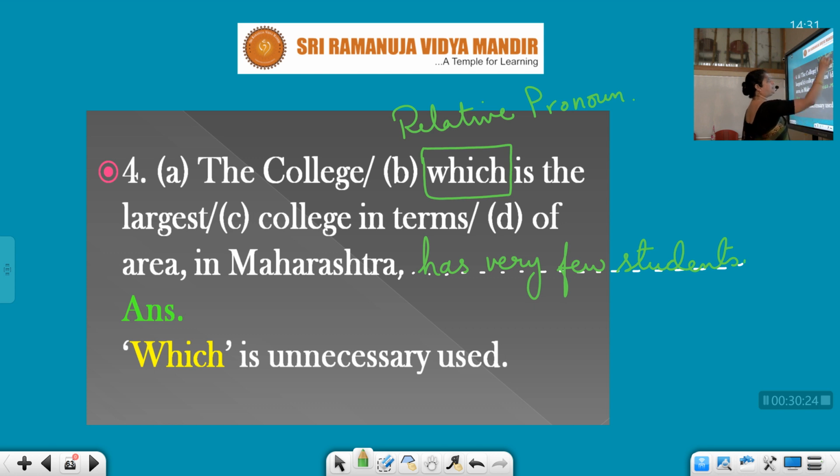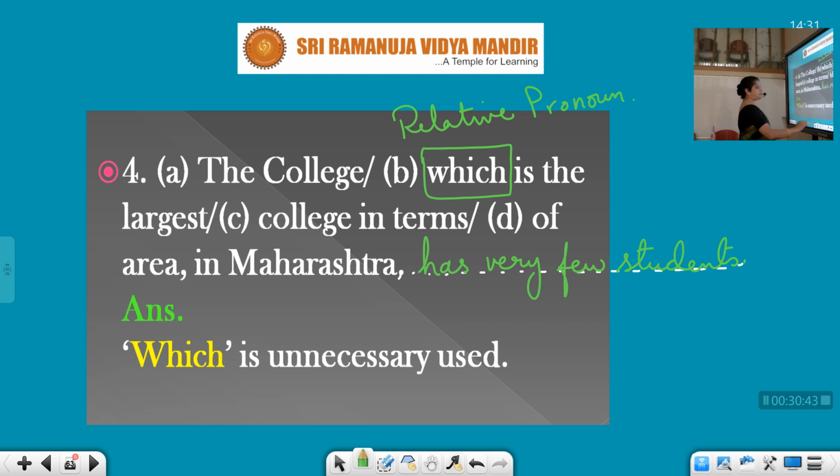Then this is correct. Now when you read the sentence, it's meaningful. Though it is having such a big area, still it is having very few students.